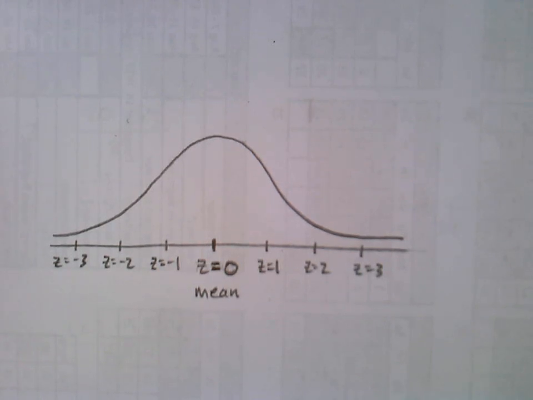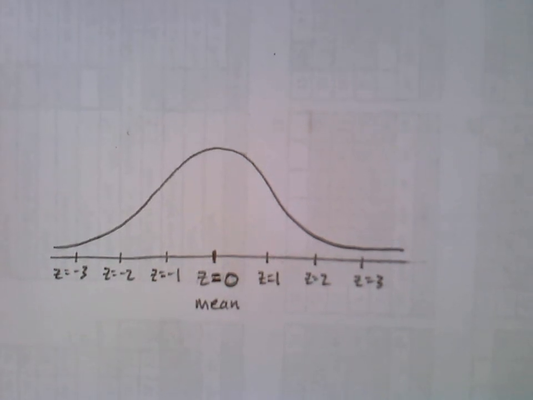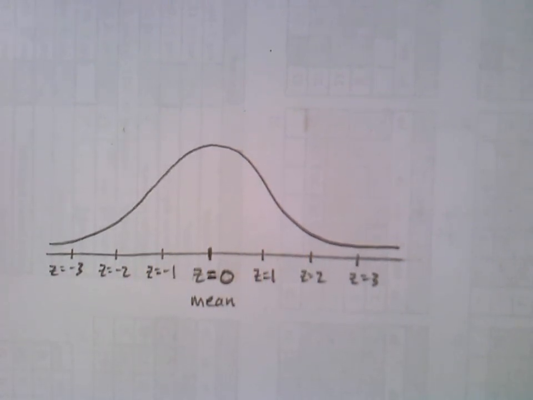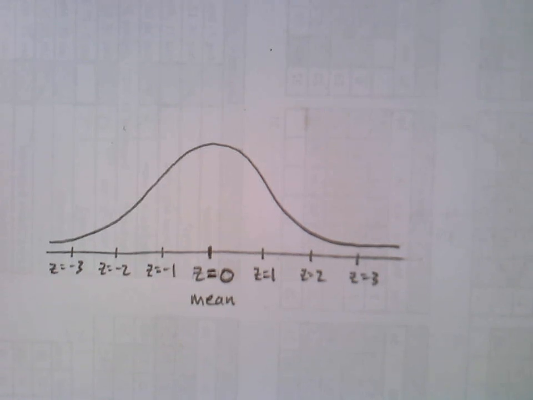So the idea behind the normal distribution, you would think, what are the chances that we have a continuous random variable and it ends up giving this perfectly symmetrical, very nicely shaped normal distribution. And it turns out it's much more likely that we get the normal distribution than anything else.